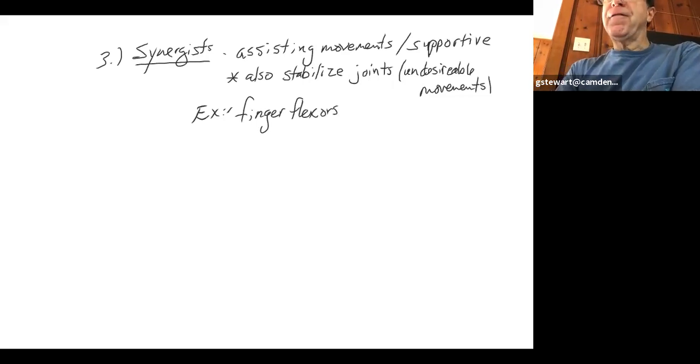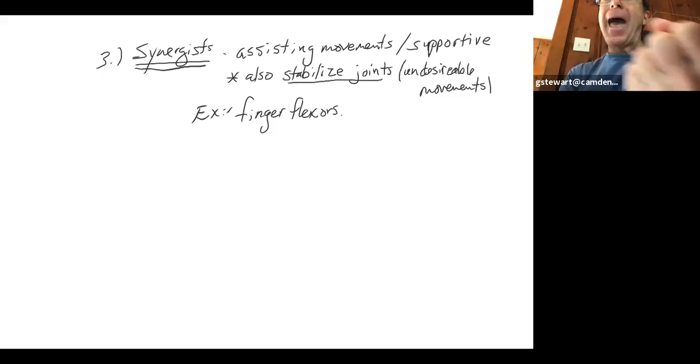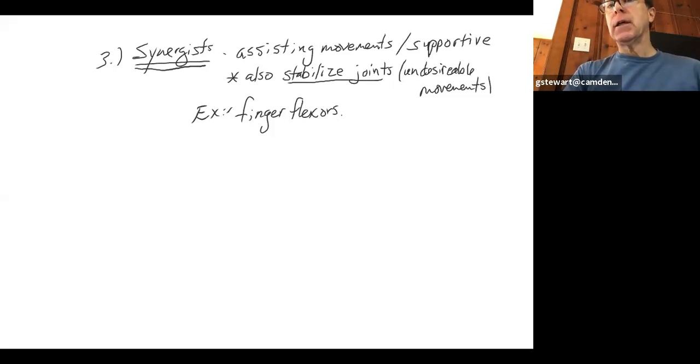You can make a fist. You can clench your fist with all of your fingers. And even though those finger flexor muscles run all around and across your wrist, you can clench your fist without bending your wrist. And the reason is because there are synergist muscles in your wrist that are stabilizing the wrist joint as you clench your fist.